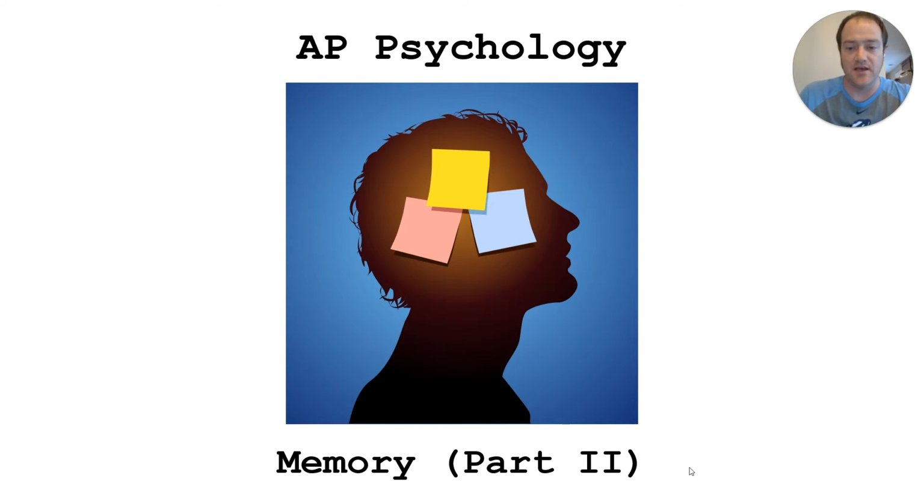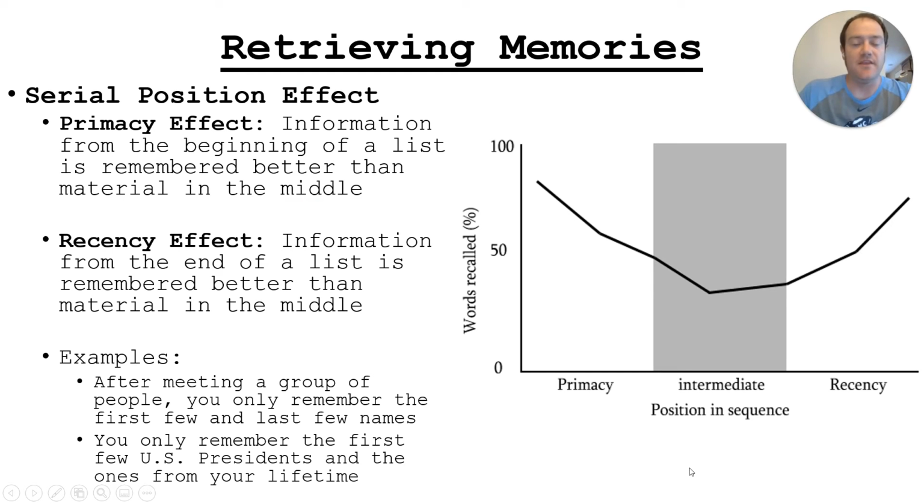Get started. One of the first things we've got to talk about is when we retrieve memories. There's something called the serial position effect, which shows how easy it is to remember something in regards to lists or groups of things.